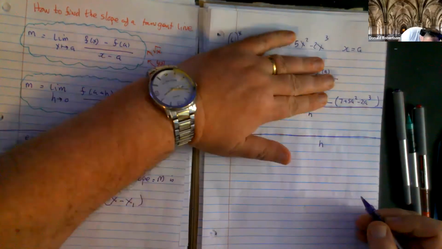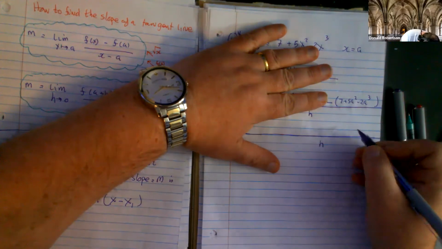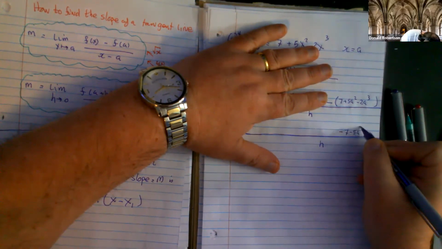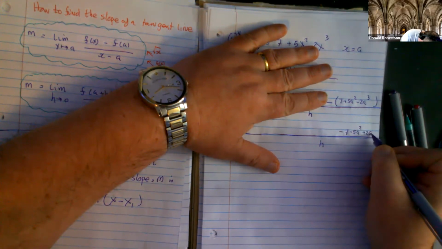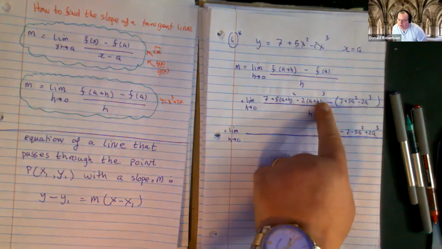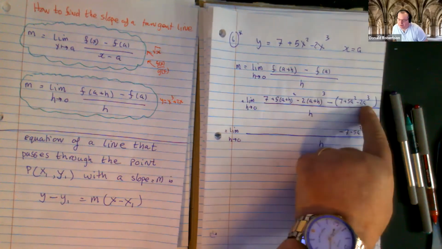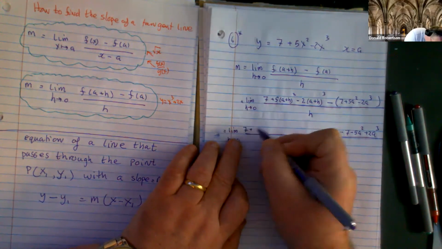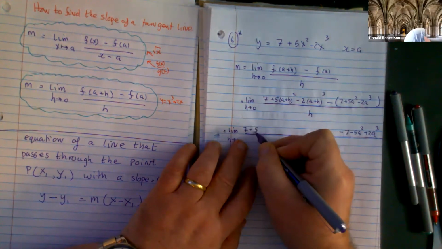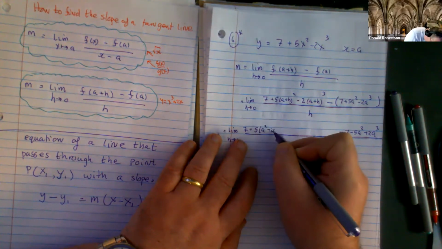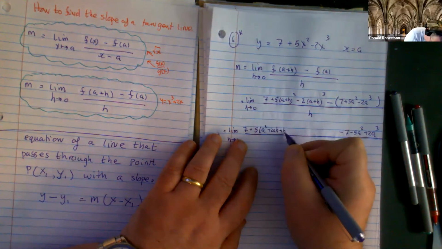Okay, forget about this for a minute. Taking away these guys is taking away a 7, take away a 5a squared, plus a 2a cubed. Right, taking away that guy, taking away a guy, taking away that guy. Now 7's easy. A plus h squared is going to give you an a squared, a 2ah, plus an h squared.